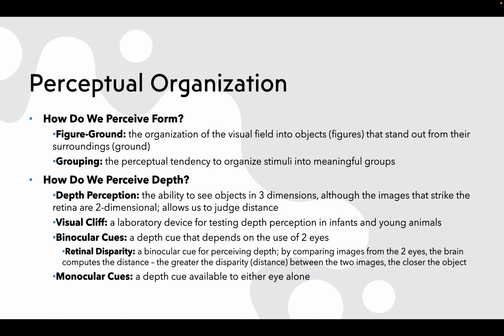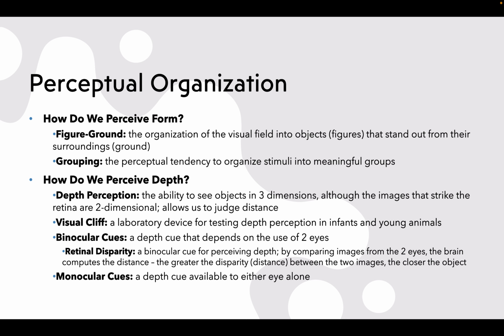The greater the disparity, or the distance between the 2 images, the closer the object. This is one of the ones that is used a lot when it comes to hand-eye coordination, that sort of thing.